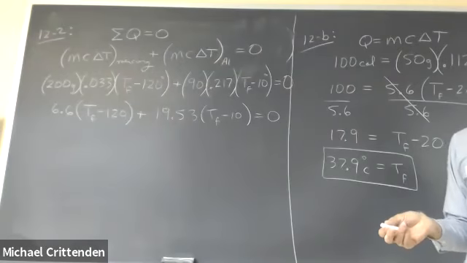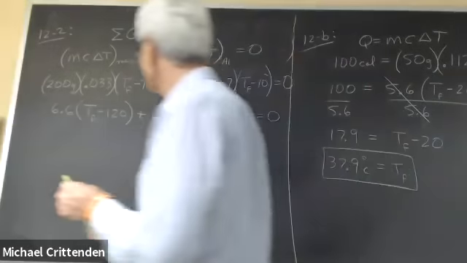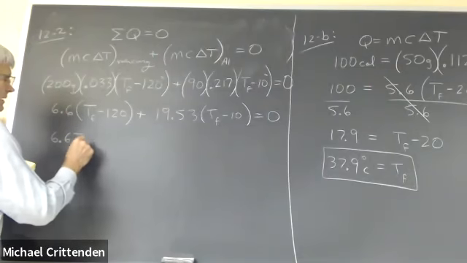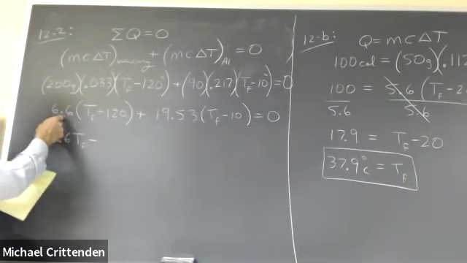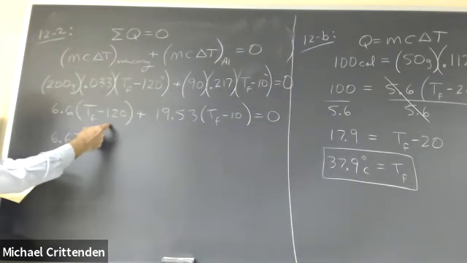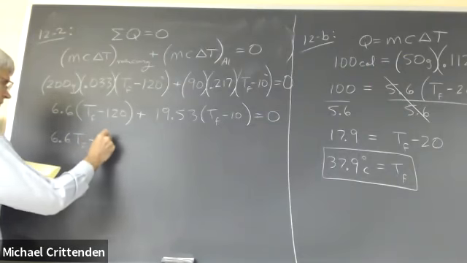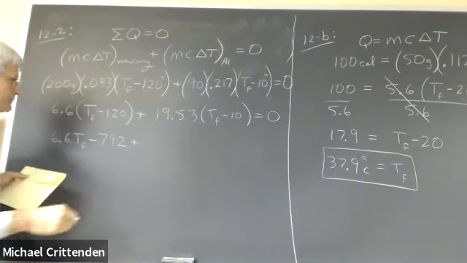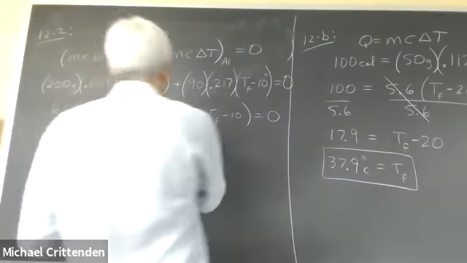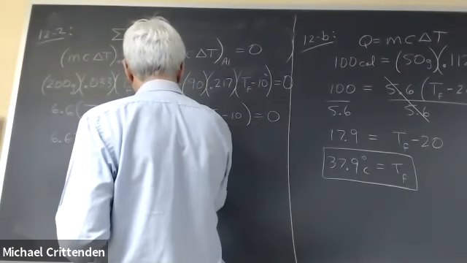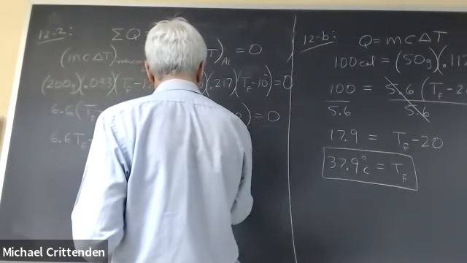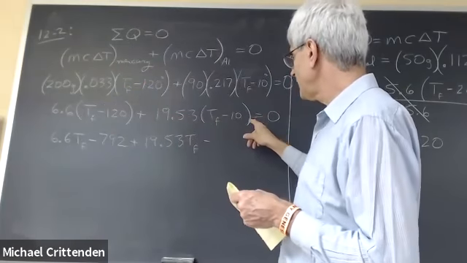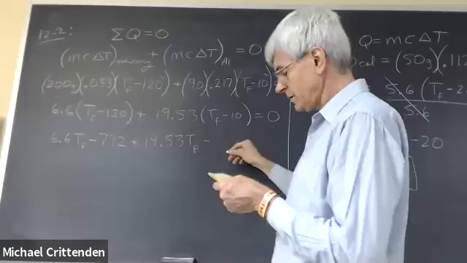And then distribute. 6.6 times T, 6.6 times 120 equals 792. 19.53 T final, and then distribute the 19.53 across both terms.